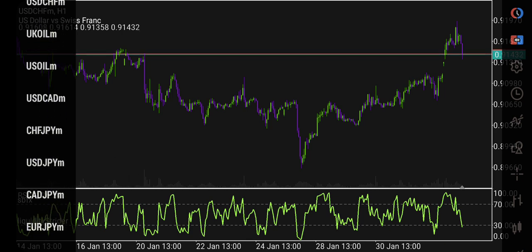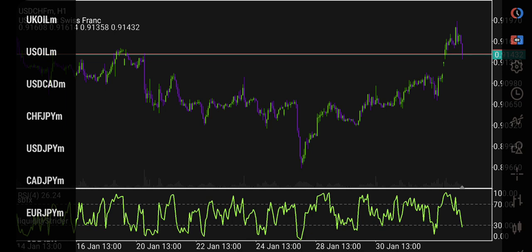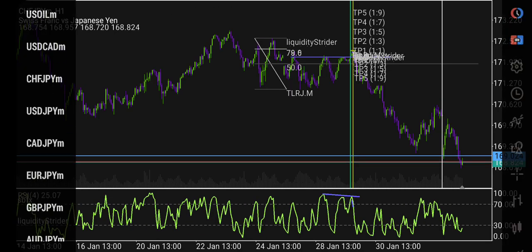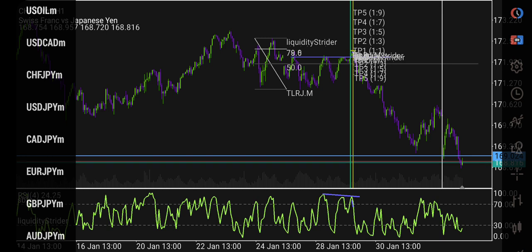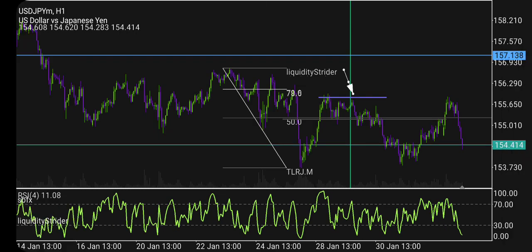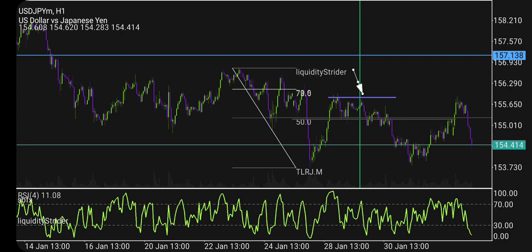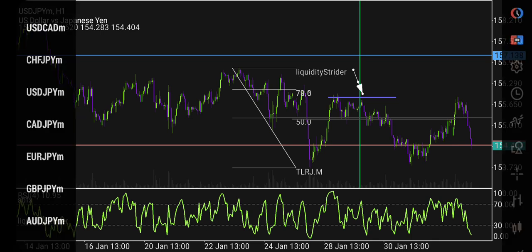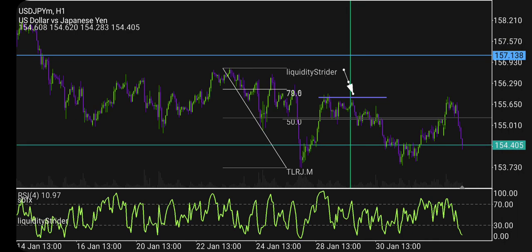But it's quite tricky when it comes to the JPY, because the JPY is a currency on its own, it has its own strength. So coming down here at the moment, as you can see, the Japanese yen is very strong against the dollar.